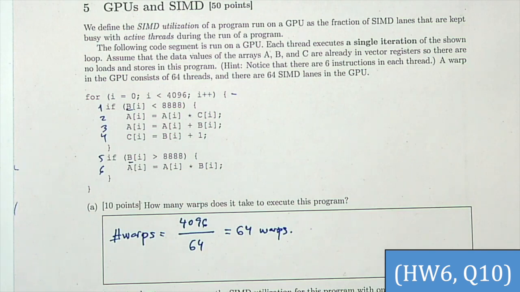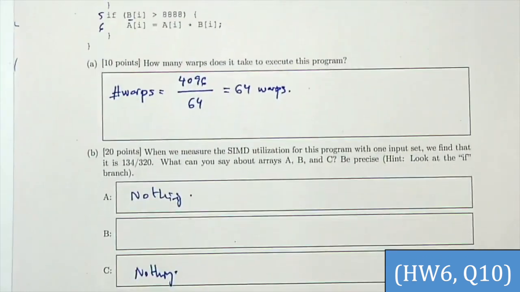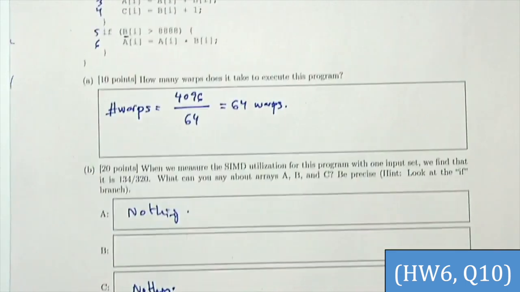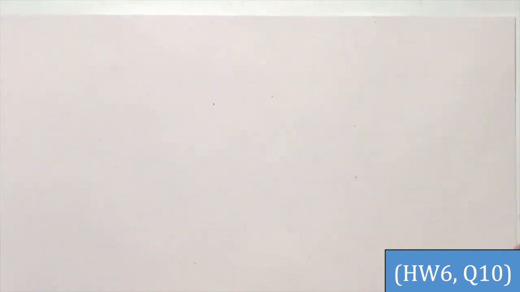So these are the 3 possibilities that we have for the values of B. But now the thing is, how do we reason about what's the actual utilization, which here is 134 divided by 320.